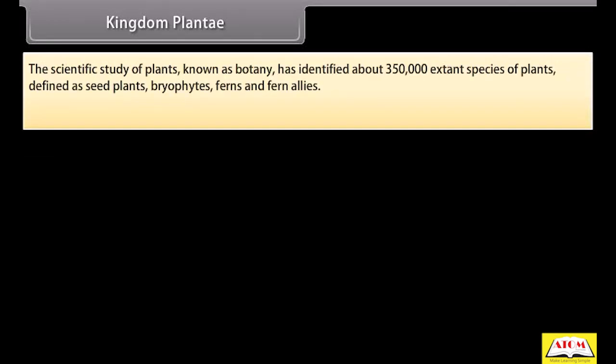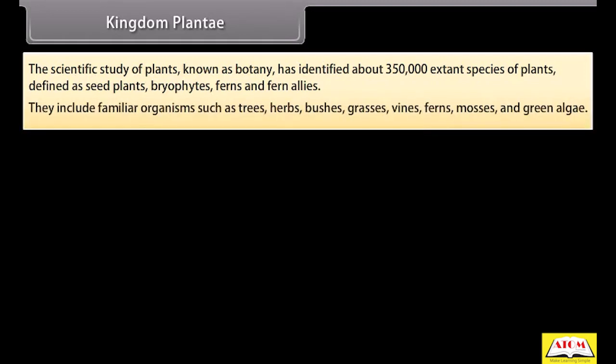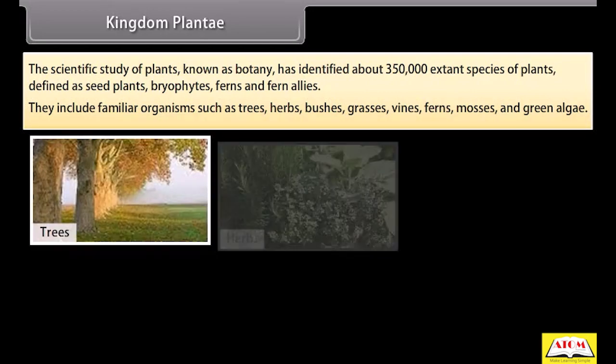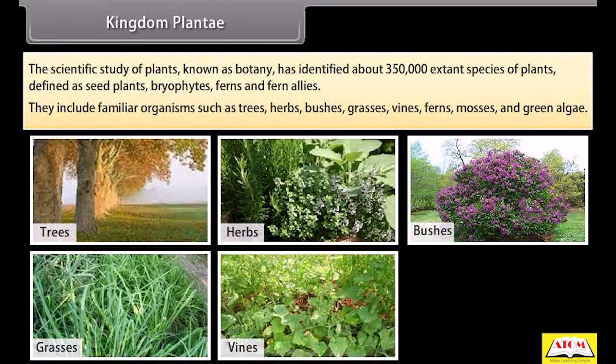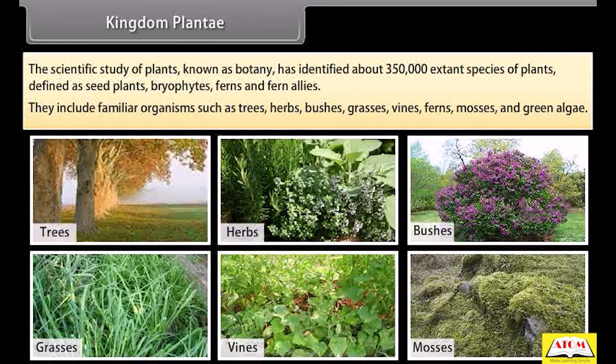The scientific study of plants, known as botany, has identified about 350,000 extant species of plants, defined as seed plants, bryophytes, ferns, and fern allies. They include familiar organisms such as trees, herbs, bushes, grasses, vines, ferns, mosses, and green algae.